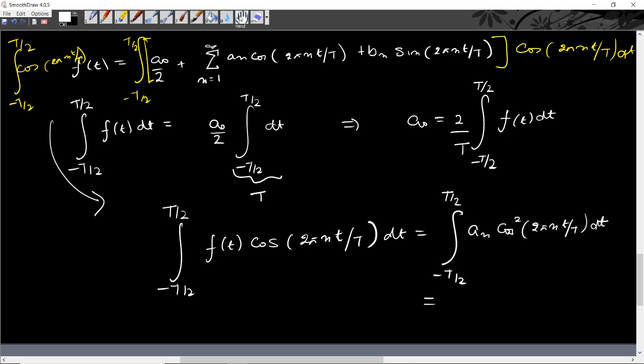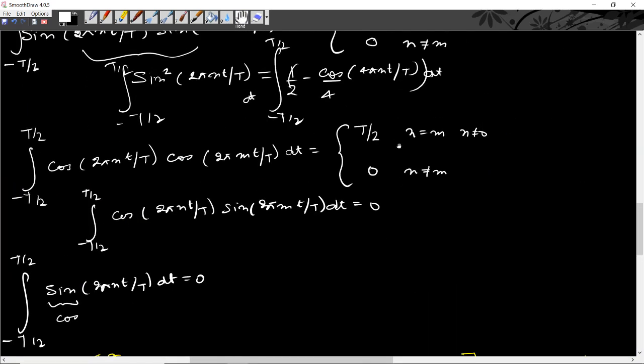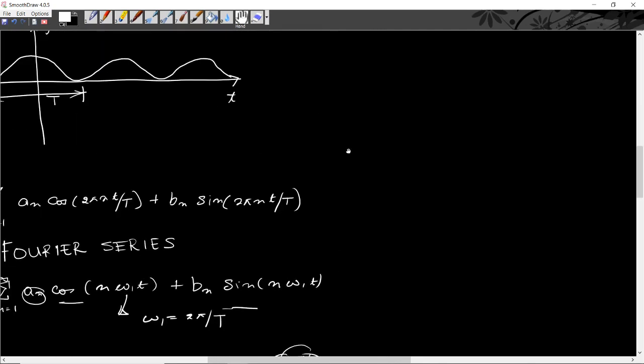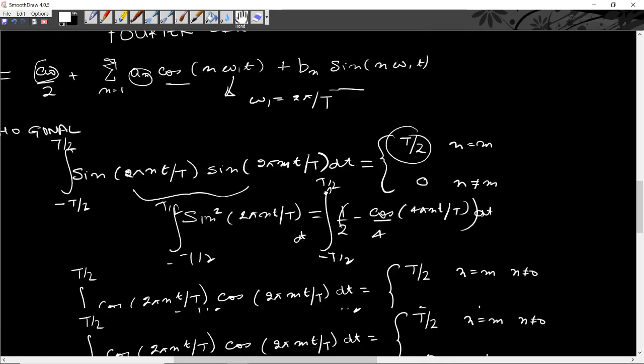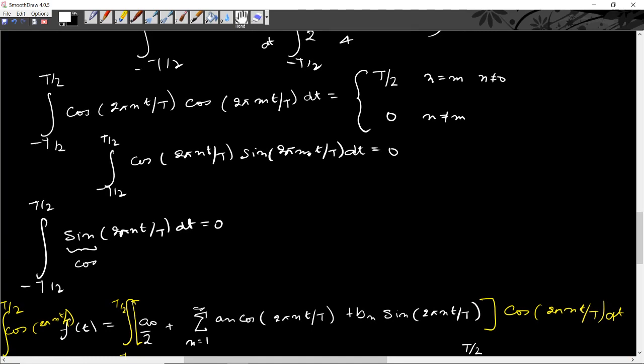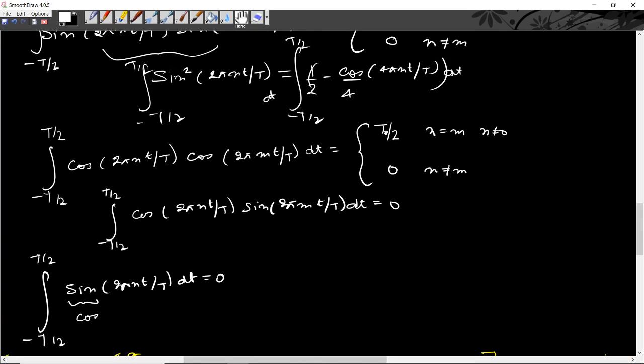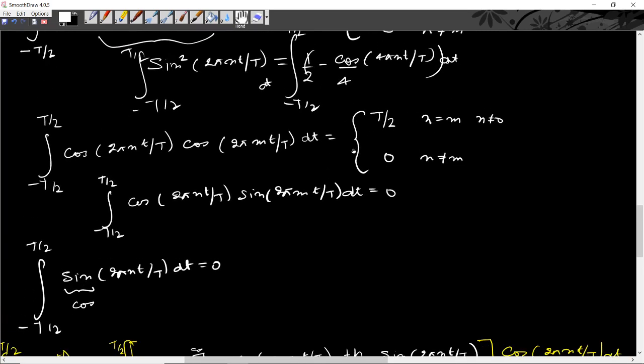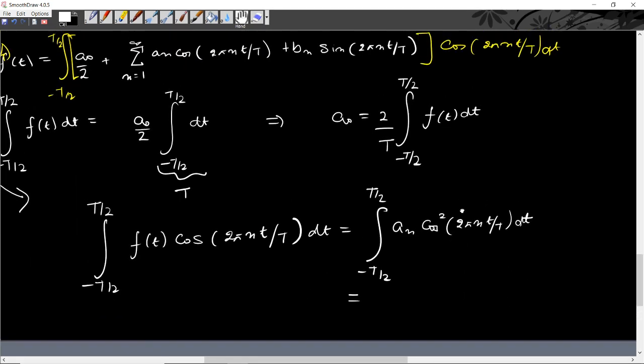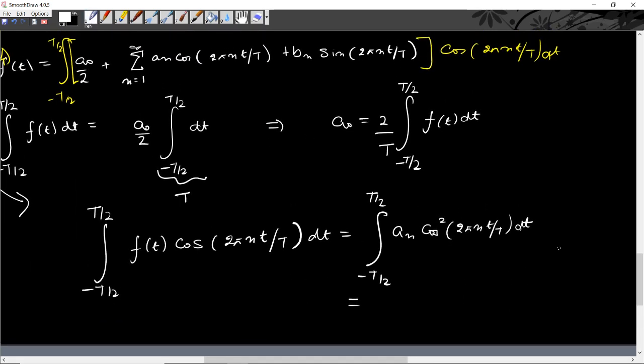So this integral over here is equal to T by 2. So this whole thing on the right hand side is an times T by 2.